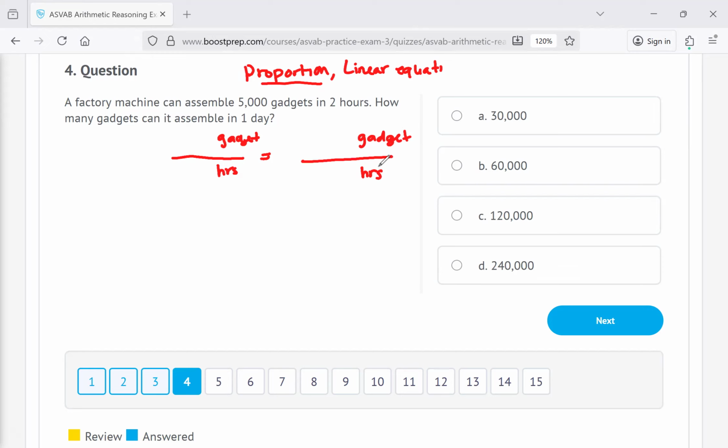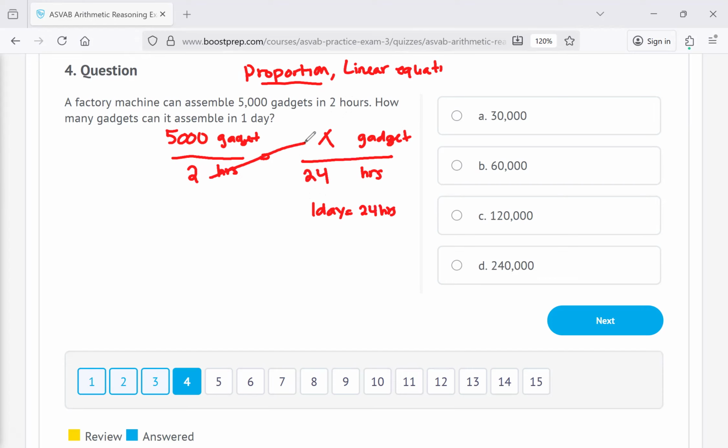So a factory can assemble 5,000 gadgets in 2 hours. How many gadgets can it assemble in 1 day? Our unknown is gadgets in 1 day, but we have to be in hours. So how many hours are there in a day? In 1 day, there's exactly 24 hours, right?